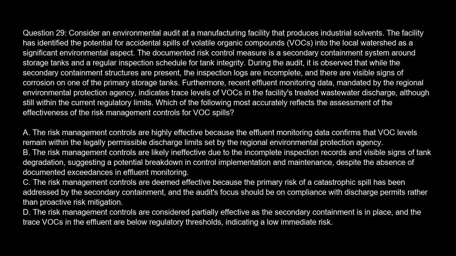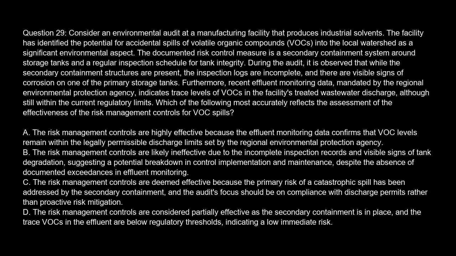During the audit, it is observed that while the secondary containment structures are present, the inspection logs are incomplete, and there are visible signs of corrosion on one of the primary storage tanks. Furthermore, recent effluent monitoring data, mandated by the Regional Environmental Protection Agency, indicates trace levels of VOCs in the facility's treated wastewater discharge, although still within the current regulatory limits.